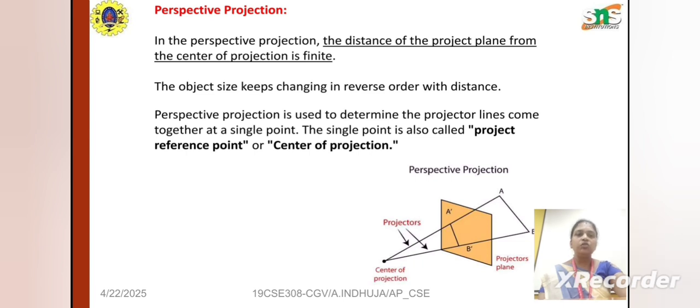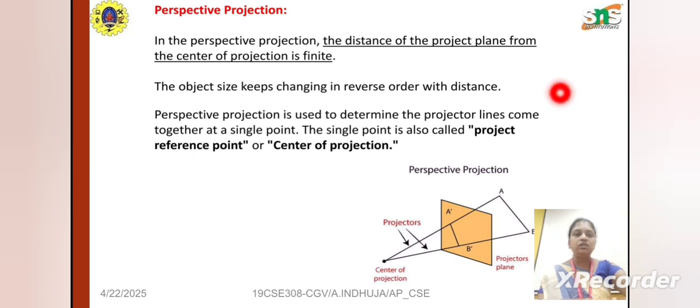In perspective projection, the projector lines come together at a single point, which means all the projection lines converge at a single point. This type of projection is called perspective projection. This single converging point is called the projection reference point or center of projection.